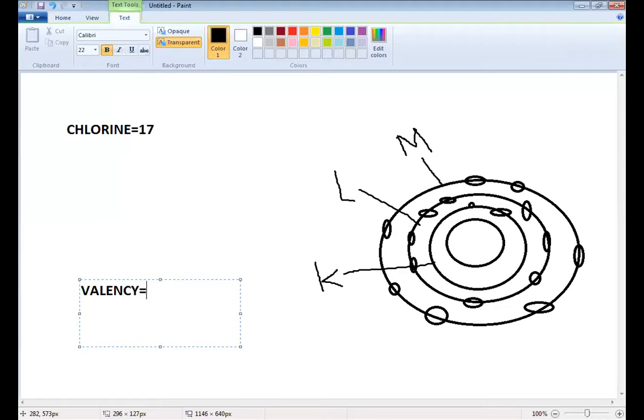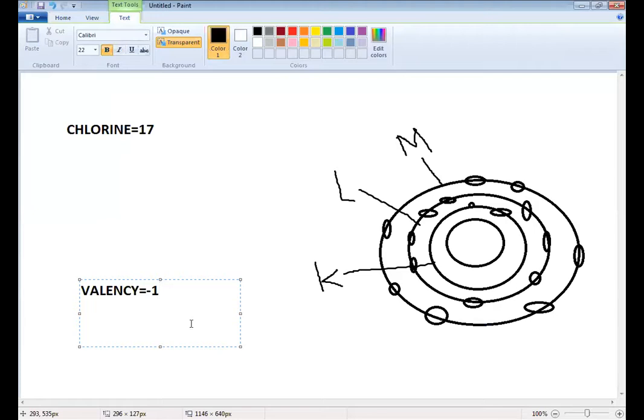Why -1? Because chlorine accepts 1 electron to follow the octet rule and complete its octet. Accept 1 electron and form 8 electrons in its last valence shell. So it is stable.